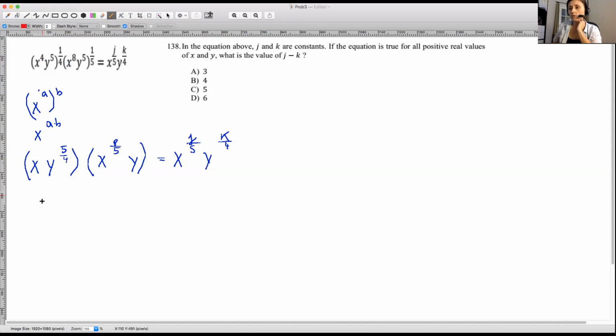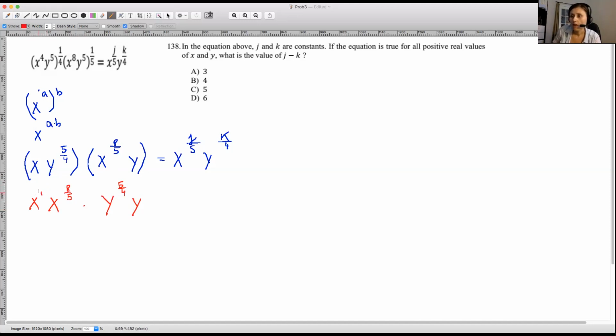Okay, so first I'm going to deal with x. So x to the power of 1 times x to the power of 8/5, like that, right? And then I'm going to multiply it by y to the power of 5/4 times y.